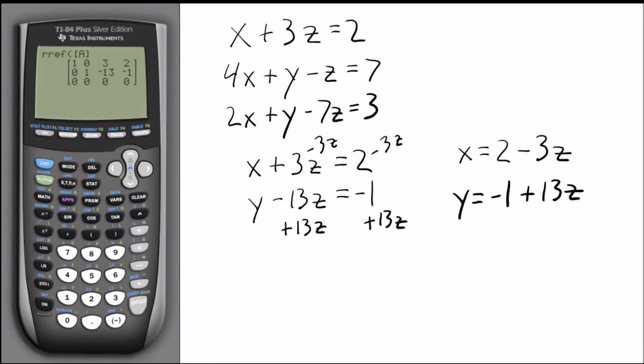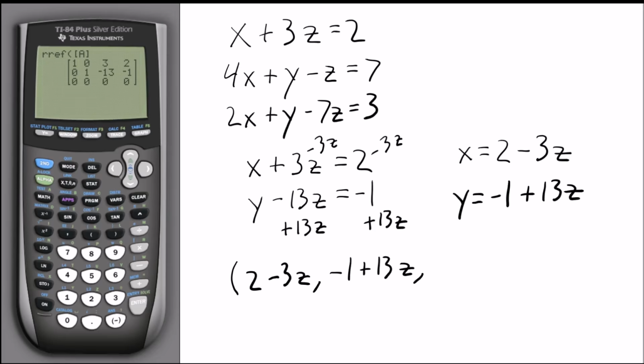And so the solution to this we'll put as an ordered triple, just as we would if we had ended up with 3 numbers, one for x, one for y, one for z, where the first entry is x, 2 minus 3z. The second entry is y, negative 1 plus 13z.